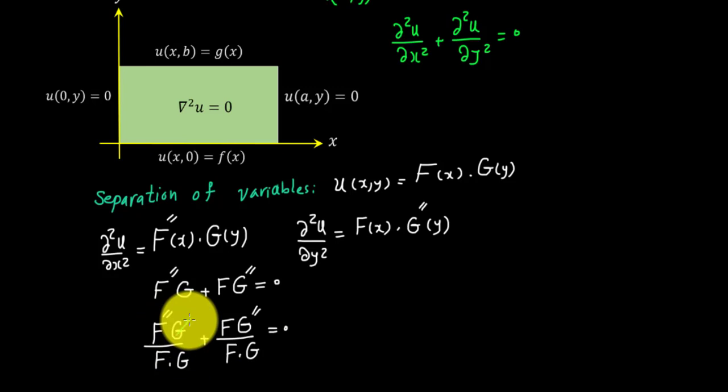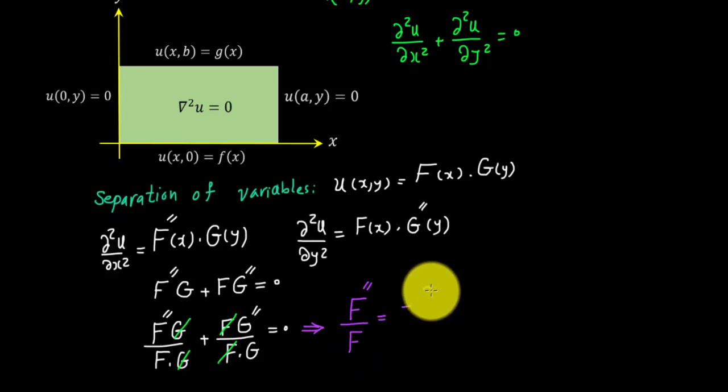Now, g and g for the first fraction and f for the second fraction cancel. So we ended up getting f double prime over f plus g double prime over g equals 0. Or if we rearrange it, it is equivalent to f double prime over f equals negative g double prime over g.